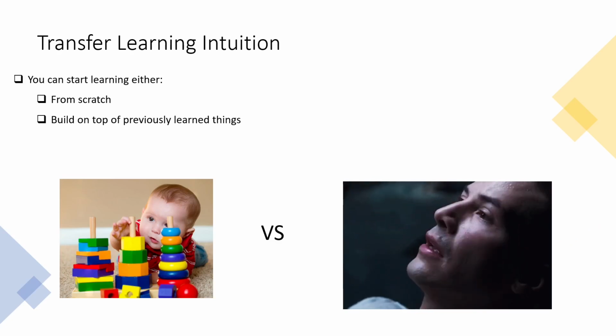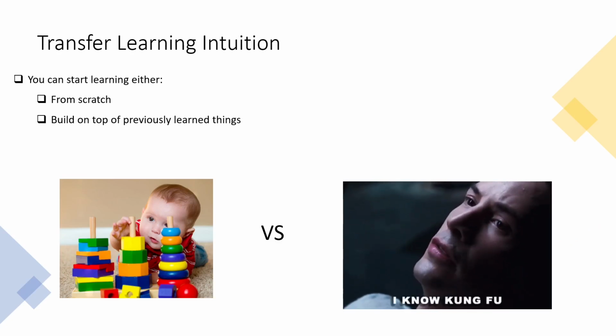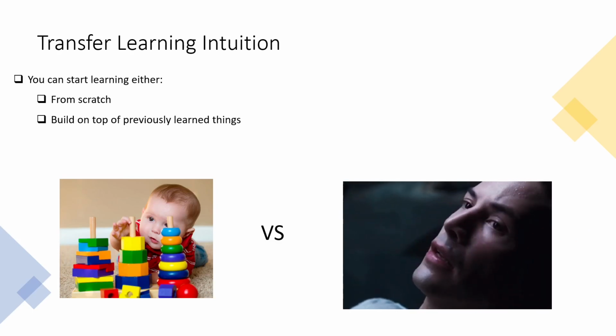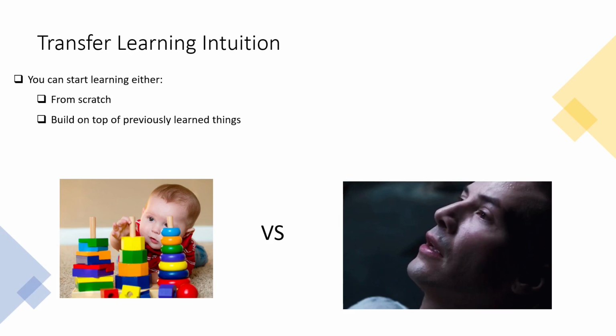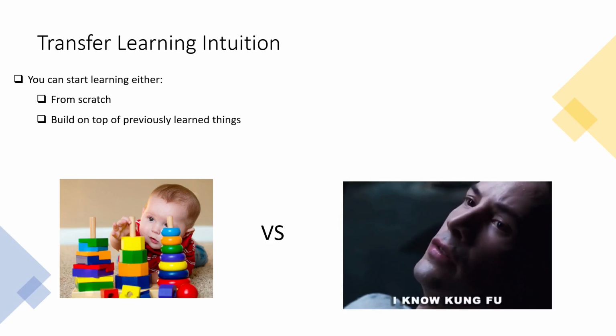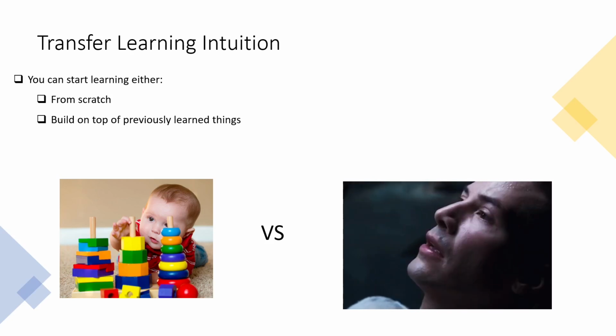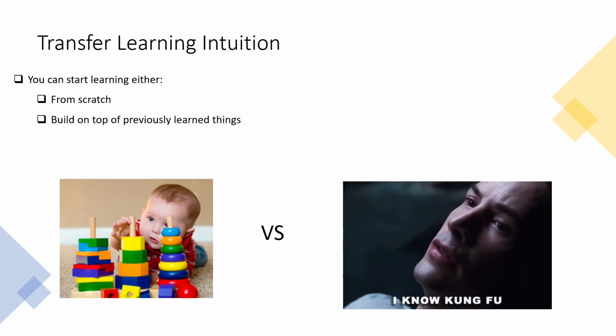So it's the problem of either learning from scratch or building on top of previously learned things. Think about a baby. A baby learns from scratch, and you know how much time it takes for a baby to understand stuff. It usually takes like 10 years for a human being to understand most of the things.